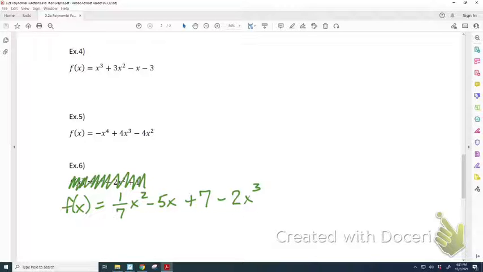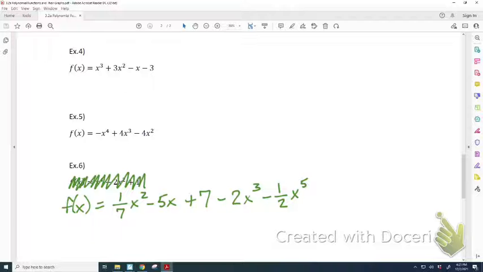Mix up our exponents. Let's do that. All right, so we'll deal with number 6 in a little bit.